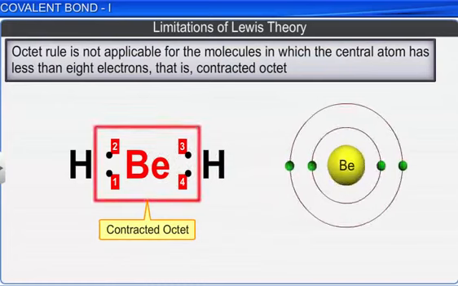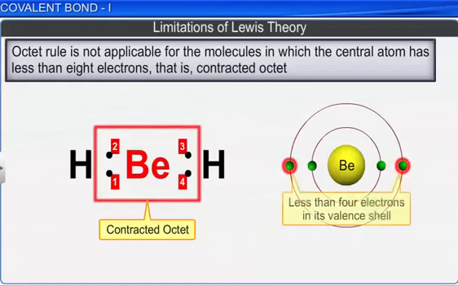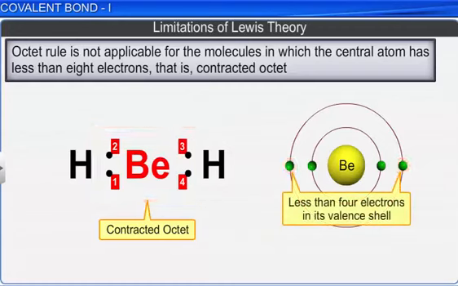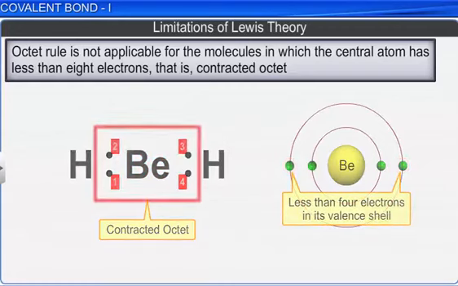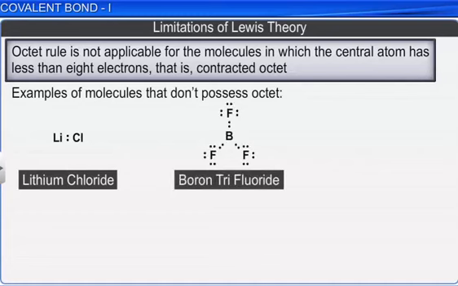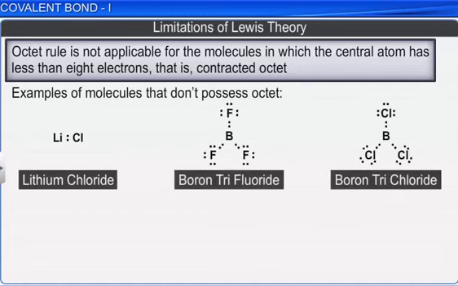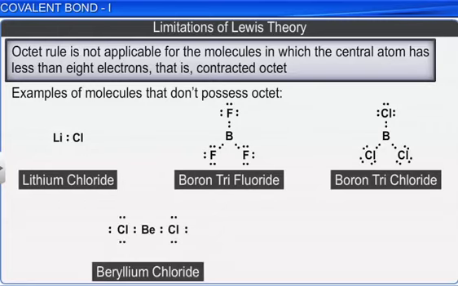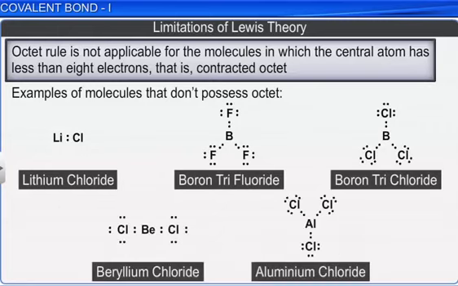This is observed in the compounds or molecules in which the central atom in its elemental state possesses less than 4 electrons in its valence shell. For example, lithium in lithium chloride, boron in boron trifluoride and boron trichloride, beryllium in beryllium chloride, aluminium in aluminium chloride don't possess octet.